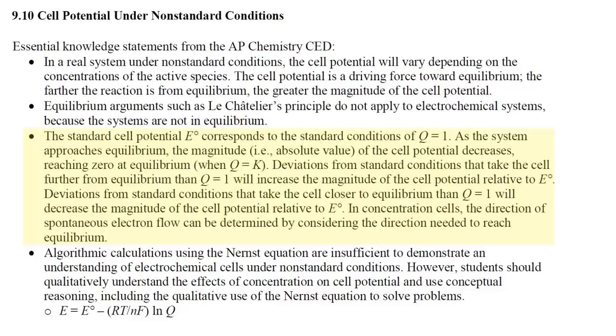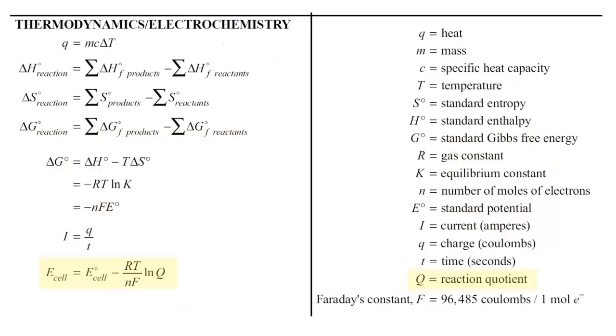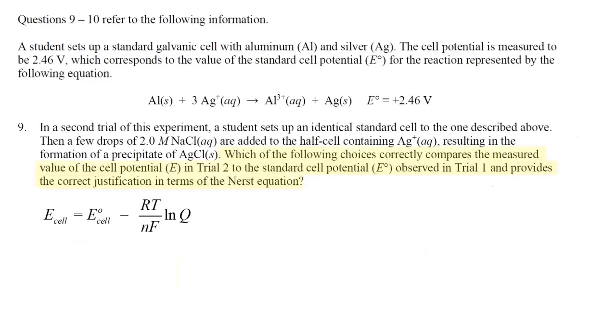But again, we have a precipitate that was formed in trial 2. So for any deviations from standard conditions that take the cell further from or closer to equilibrium, we've got to compare Q versus 1. Let's go back and look at the details of the Nernst equation. It has a Q, which is the reaction quotient, products over reactants.